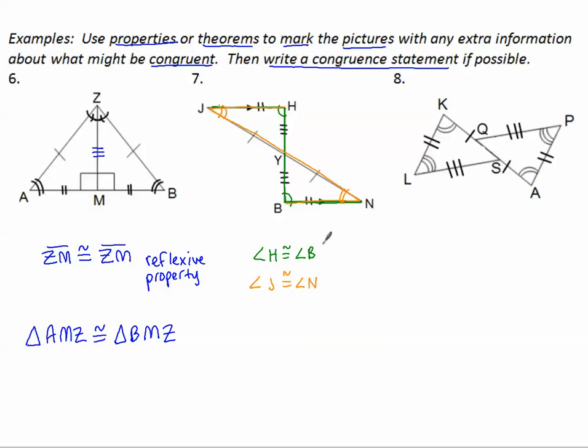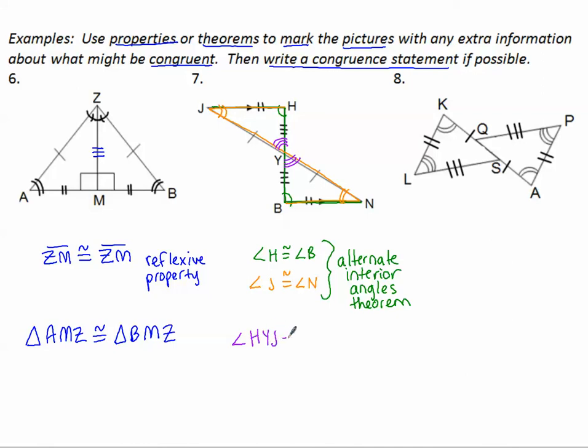And the reason for those is because these are alternate interior angles. This is the alternate interior angles theorem. But alternate interior angles is the main part that we want. Then I've got vertical angles. So I'm going to say that angle, now I can't just say Y because that's too vague. I have to use the three-letter name like HYJ.